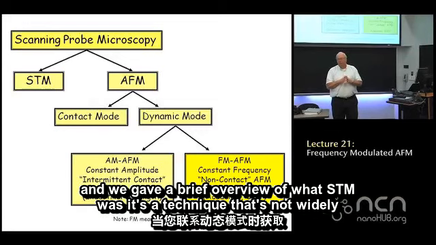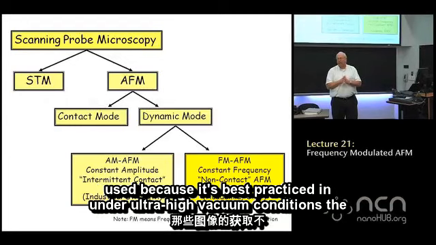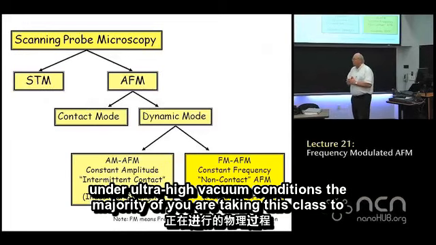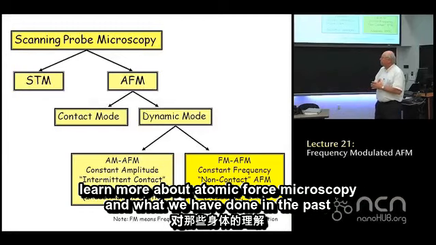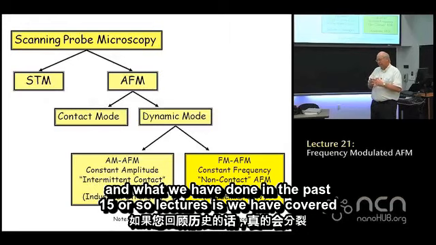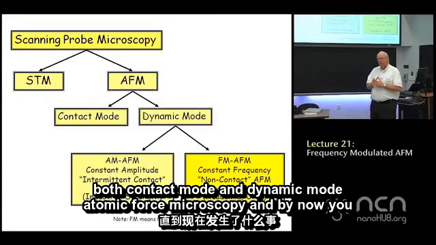It's a technique that's not widely used because it's best practiced under ultra-high vacuum conditions. The majority of you are taking this class to learn more about atomic force microscopy, and what we have done in the past 15 or so lectures is we have covered both contact mode and dynamic mode atomic force microscopy.